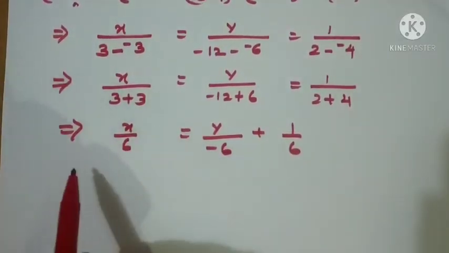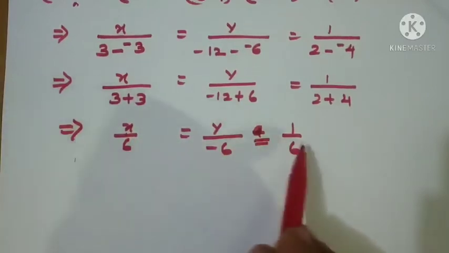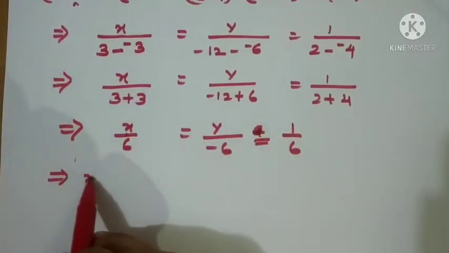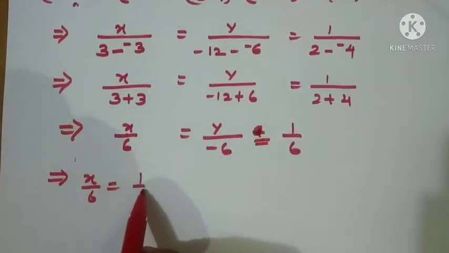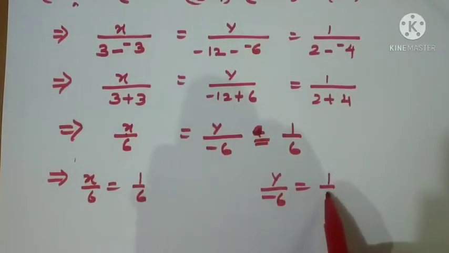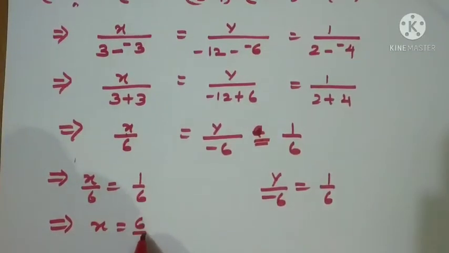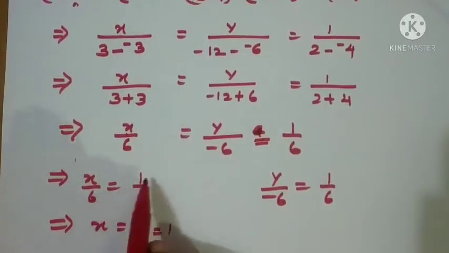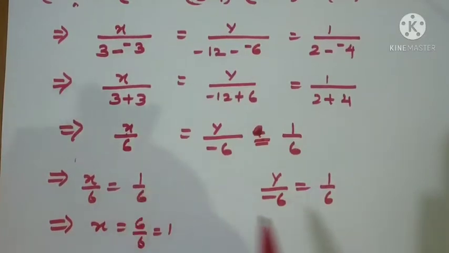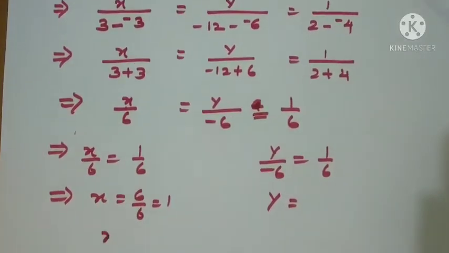Now we need comparisons. First and the third ratio. x by 6 equal to 1 by 6. y by −6 is also equal to 1 by 6. Solve for x now. x equal to 6 by 6 equal to 1. That means here we have taken 6 to this side. So x equal to 1 is the answer. Now y equal to −6 we have to take.